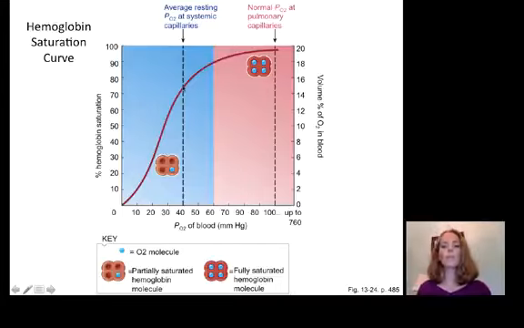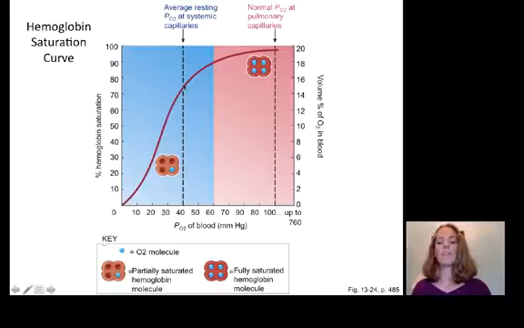So, question, how much oxygen does the hemoglobin drop off when it reaches a PO2 of 40? How many oxygen molecules per hemoglobin? We went from 100%, which was 4 out of 4, to 75%, which is 3 out of 4.